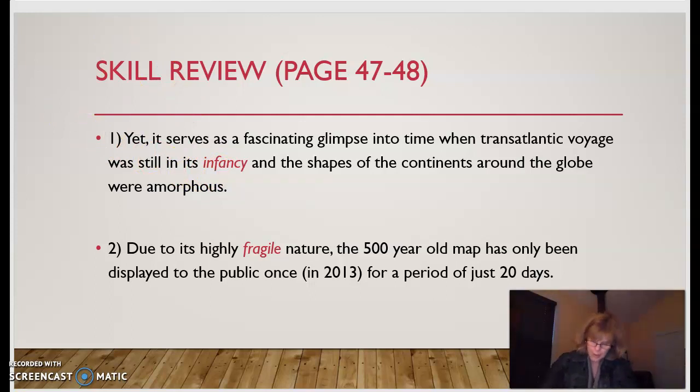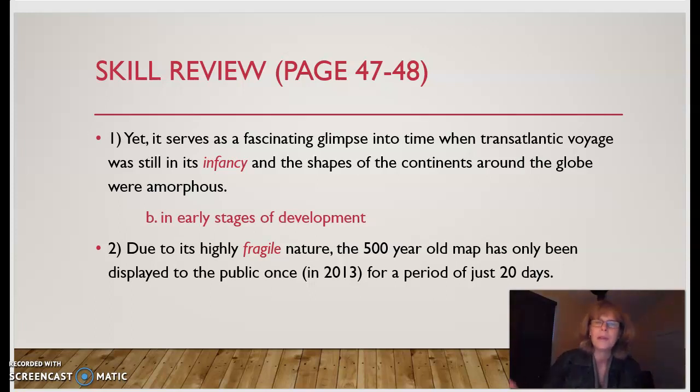Maybe you know that word, and they say, what does that word mean in this context? You can choose A, behaving like a baby, or B, early stages of development. And hopefully you can see, as you look at the skill review, I'm on page 47, that in this sentence, I'm really talking about early stages of development, right? I'm not talking about children here.